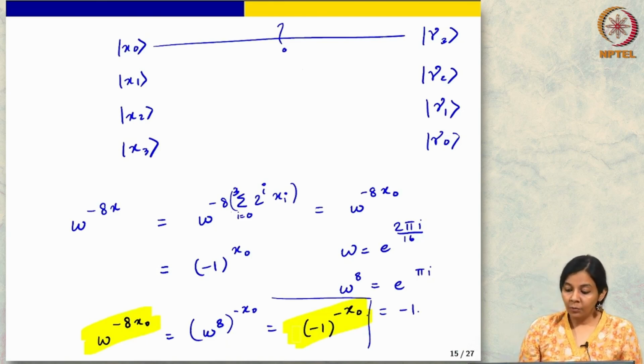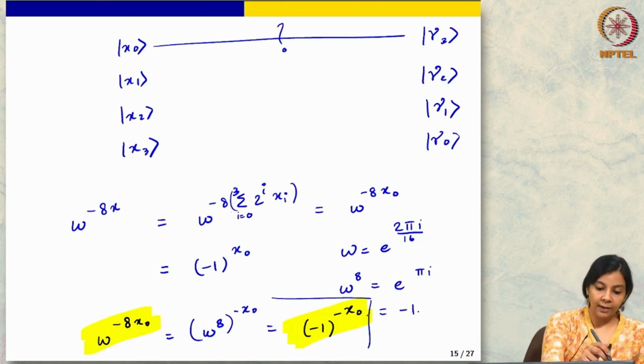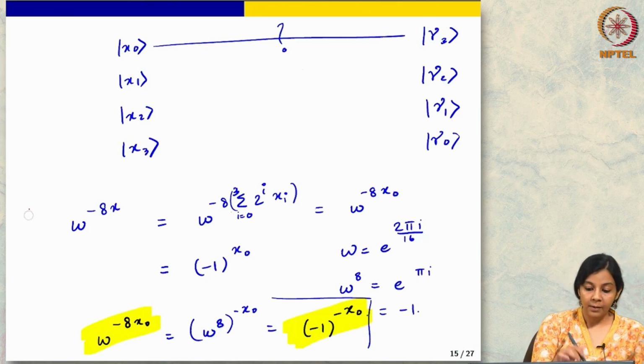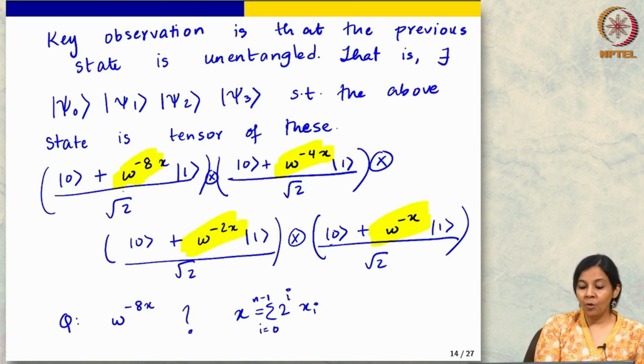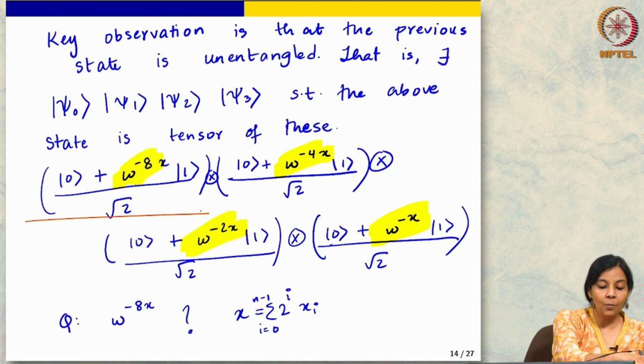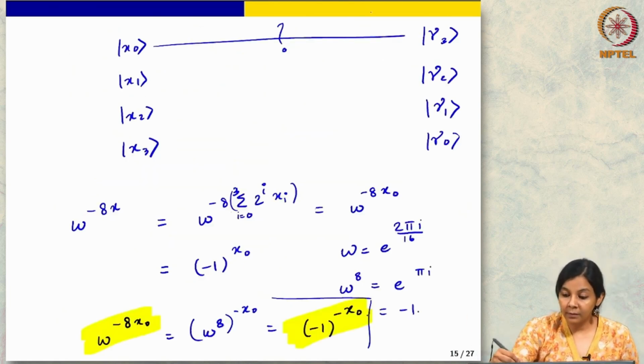Okay, so good. Let's stay on the same board here. Now let us see what we wanted. Let us focus our attention on this thing. We want to go to this term here, which is 0 plus minus 1 to the x0 times 1 over root 2.